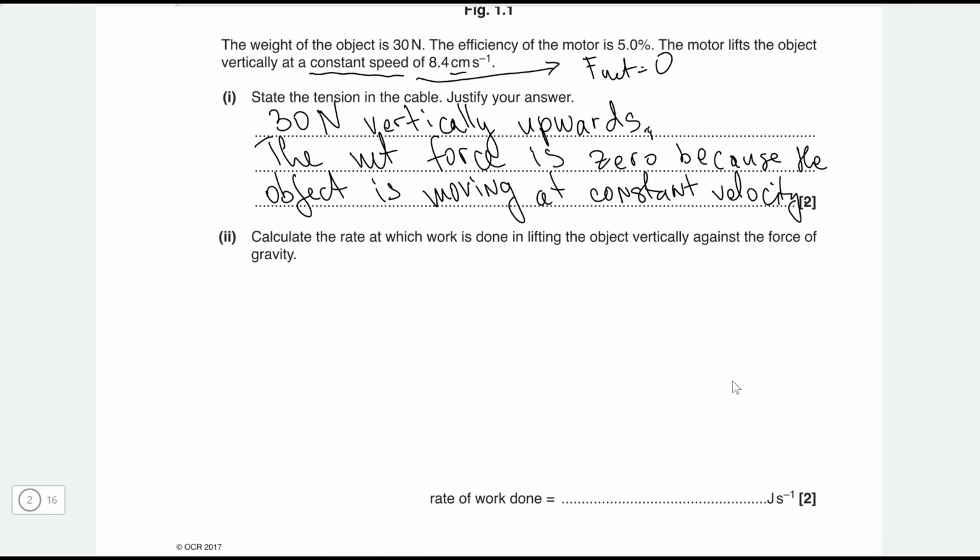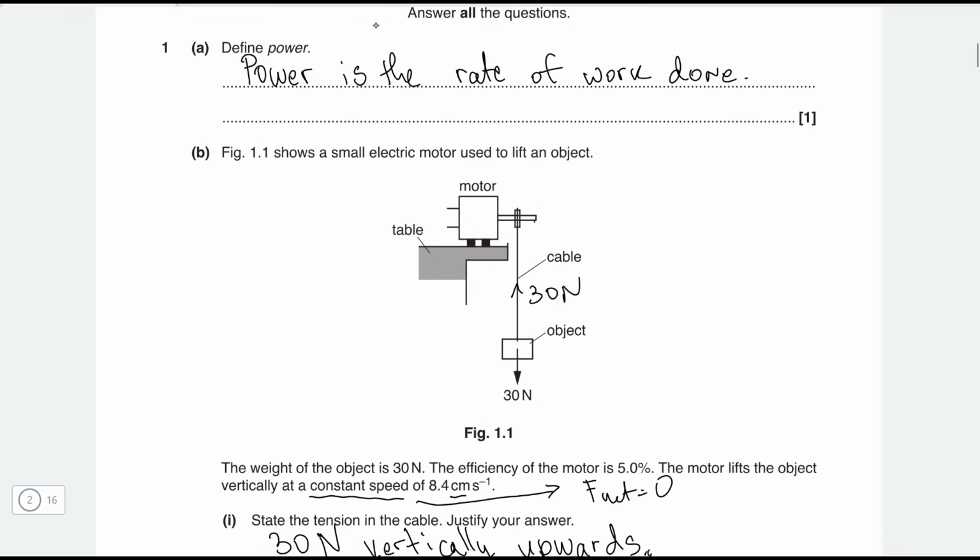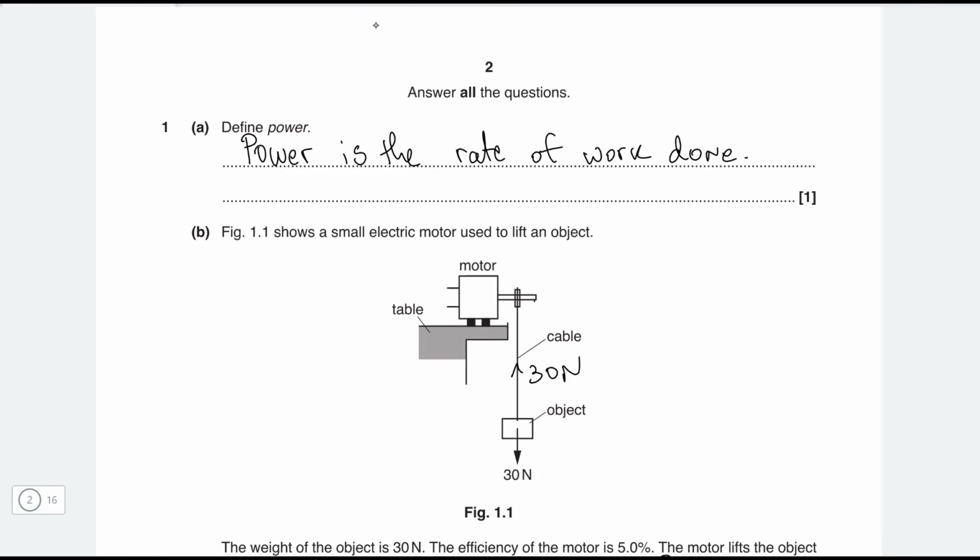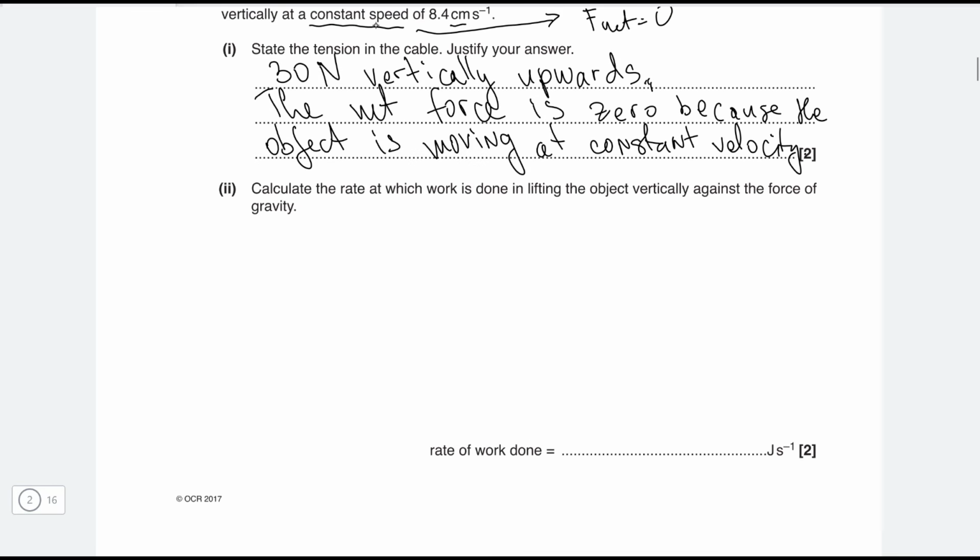Okay, part 2. Calculate the rate at which work is done in lifting the object vertically against the force of gravity. Well, the rate of work done is actually the power. So we've said this over here in the beginning, and there's an equation that we can use that power is equal to the force times the velocity.